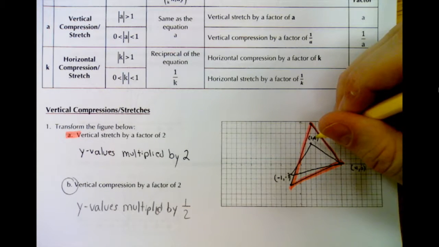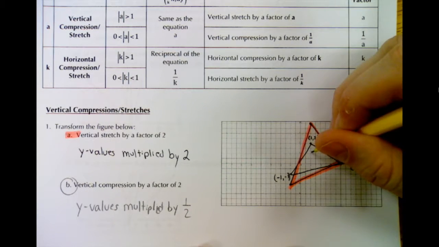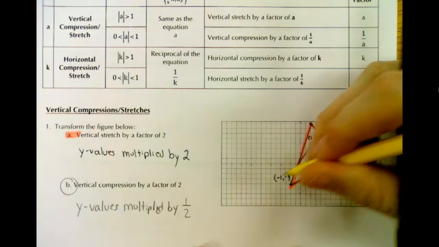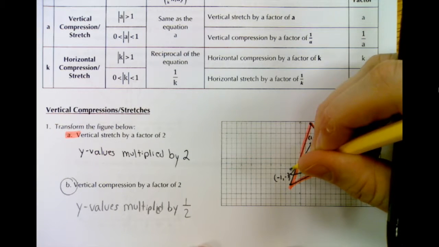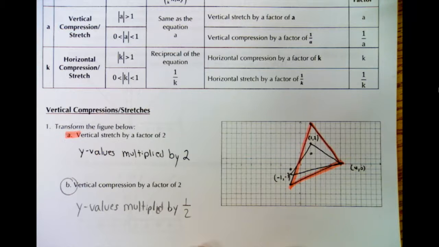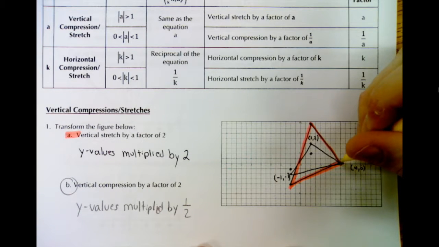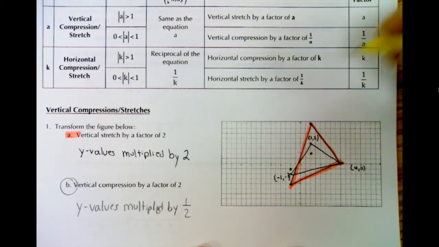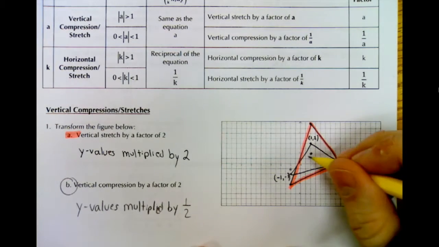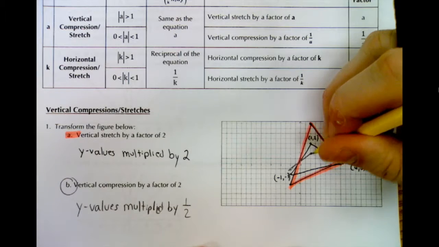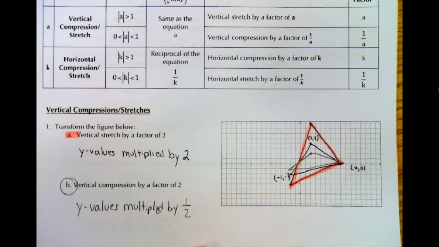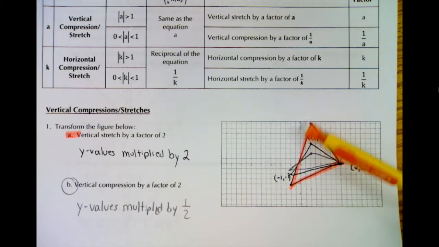So if we're compressing it, 1, 2, the point would become 1, 1. -1, -1 would become -1 and -1/2. And 4, 0, well, dividing by 2 or multiplying by 1/2, the y would actually stay the same. So that point's shared. And we end up with this triangle. So we've got a compressed triangle and a stretched triangle, vertically.